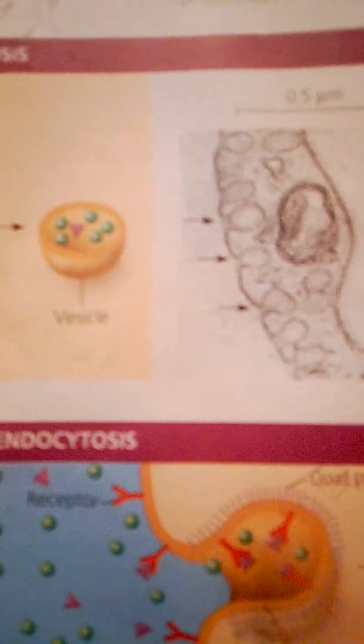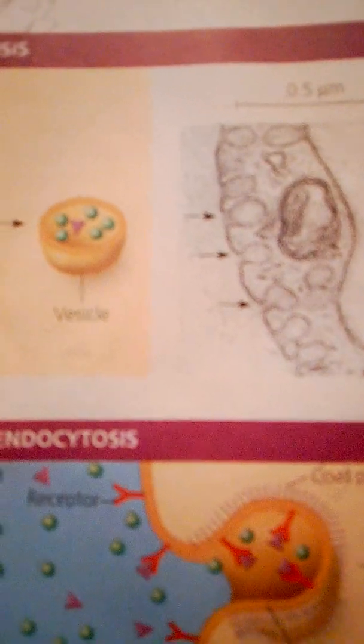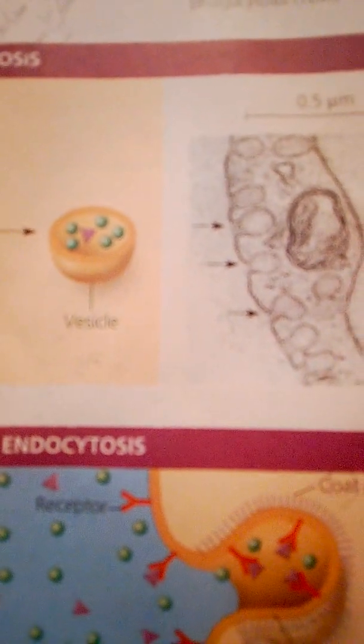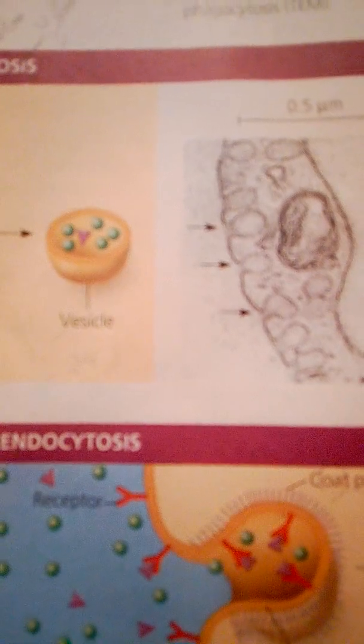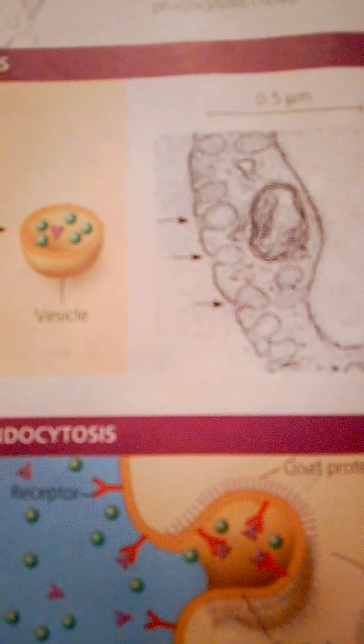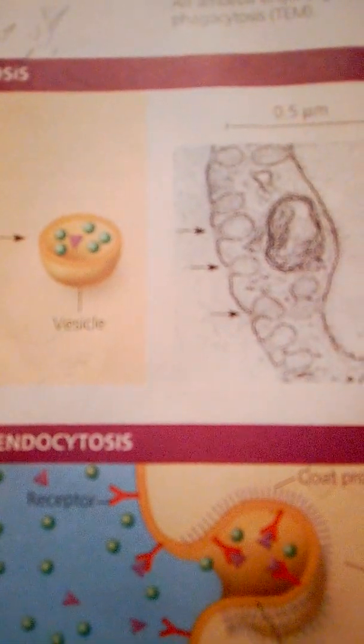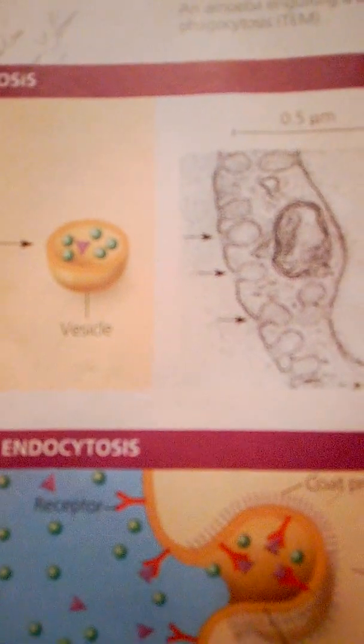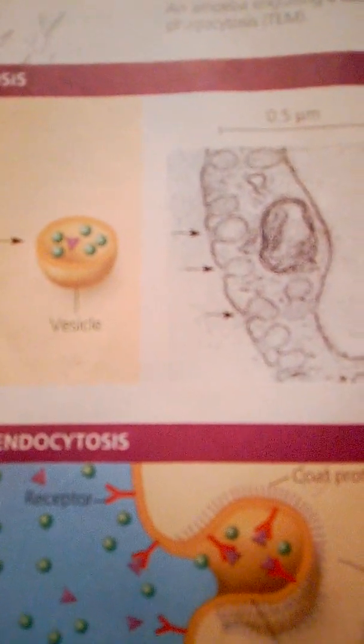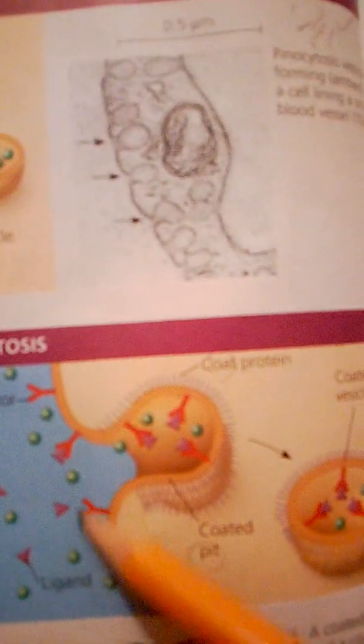The receptor proteins are usually already clustered in regions of the membrane called coated pits, which are lined on their cytoplasmic side by a fuzzy layer of coat proteins.